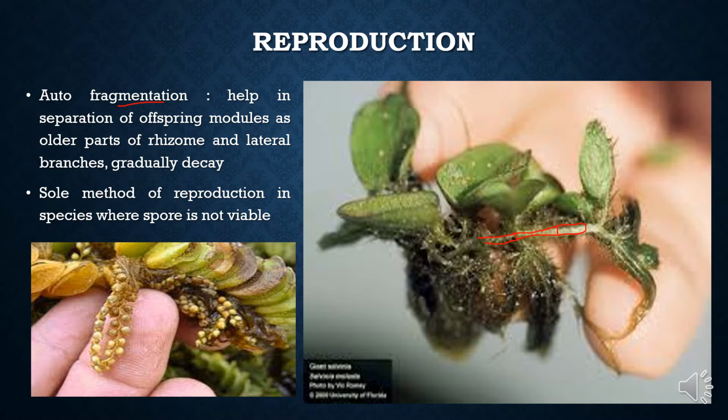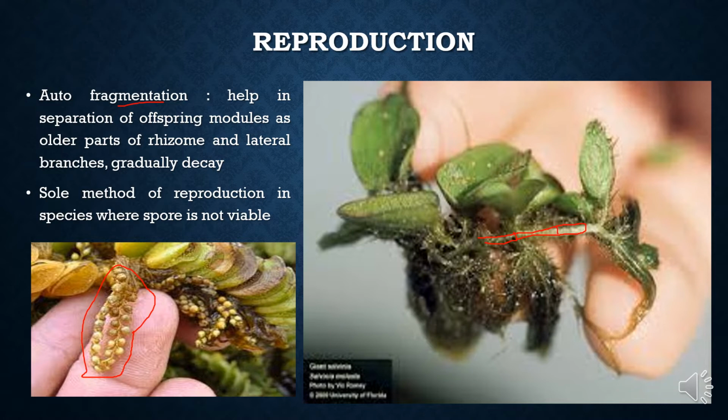Apart from that, when it reproduces by spores, here in this picture we see that the spores are borne in a row or in a cluster. Here they are borne in a row on the surface of the submerged aquatic leaf.